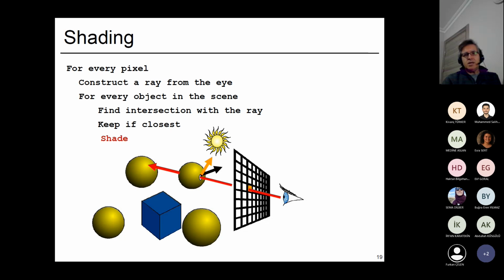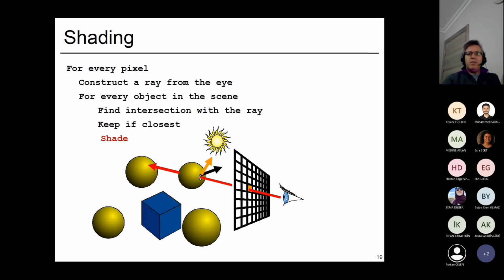However, if your scene is composed of some other geometric objects where it is easy to find the intersection with your ray, like a sphere, then this could be quite fast as well. Instead of dealing with millions of triangles, you would be dealing with only, let's say, 4 spheres and 6 faces of your cube here.